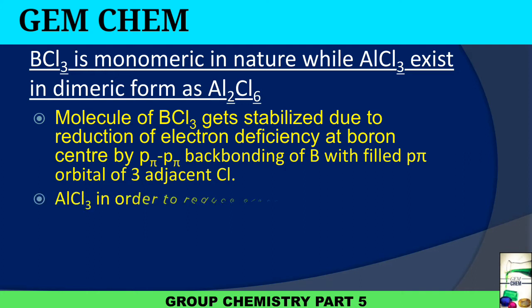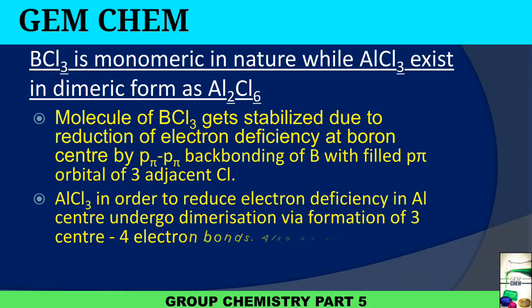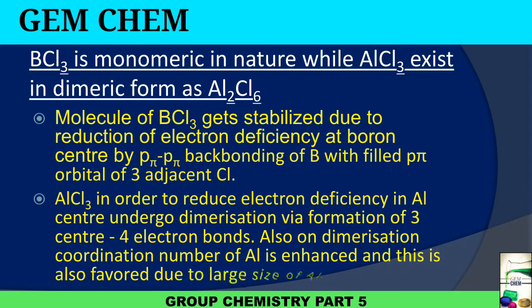Next, such back bonding is not observed in case of AlCl3, due to the large size of both aluminium and chlorine. Thus, in order to reduce this electron deficiency at the aluminium center, 2 such monomeric AlCl3 units come close to each other and undergo dimerization via forming 4 electron bonds. It is due to such a mode of bonding that the electron deficiency at the aluminium center is reduced.